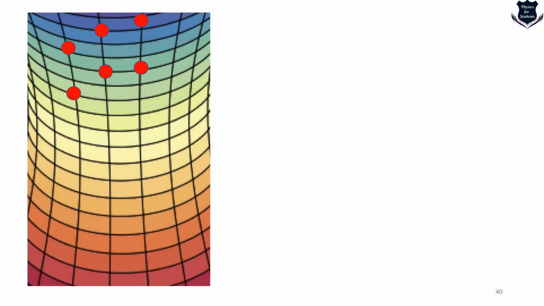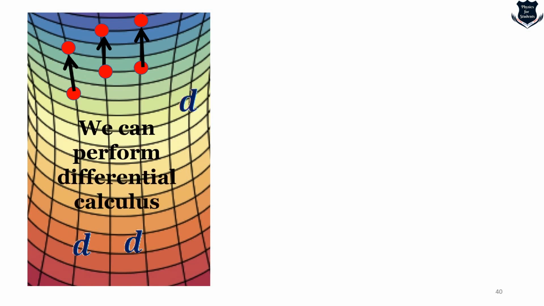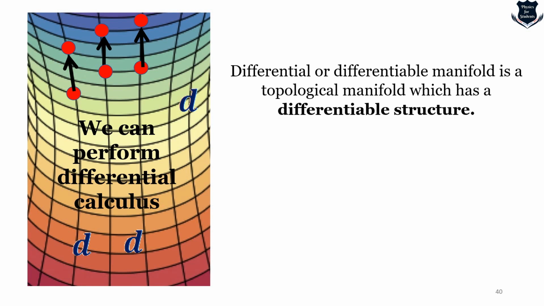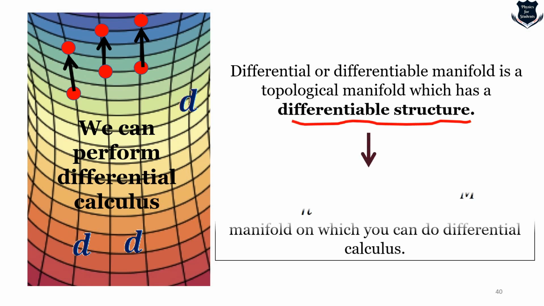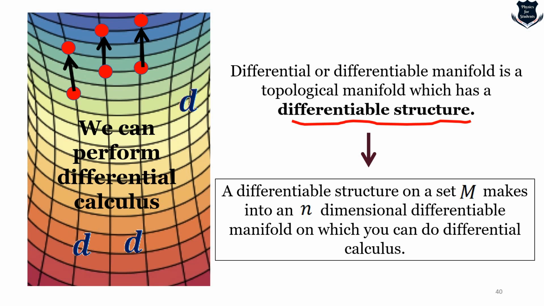On this kind of space, these are the lines marked in black, which means here we can perform differential calculus. A differential or differentiable manifold is a topological manifold which has a differentiable structure. A differentiable structure on a set M makes it an n-dimensional differentiable manifold on which we can perform differential calculus.